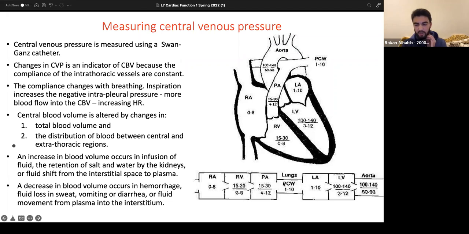I think it's pulmonary capillary wedge pressure. What they basically do is take a catheter and put it inside the pulmonary artery, and they push it until the artery starts to divide, where it will stop, because it's not small enough to enter the capillaries.